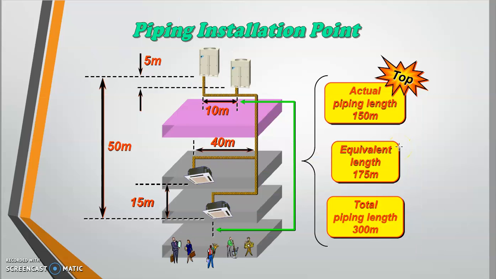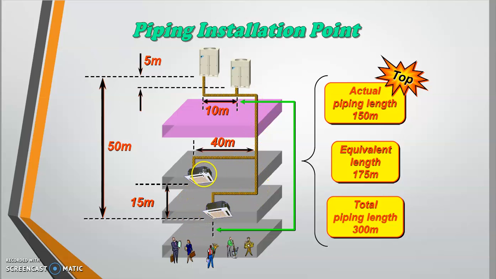But there are several requirements for the VRV installation. For example, for the piping installation, there must be certain limits and requirements. Between one outdoor unit and the second outdoor unit, there must be about 10 meters, and the piping length must not be more than 40 meters to the indoor unit from the main pipe.